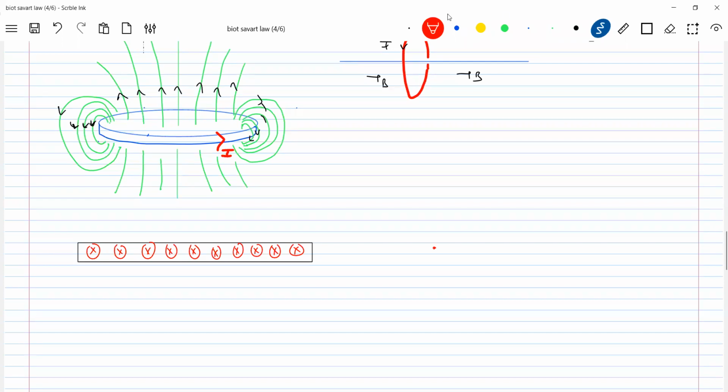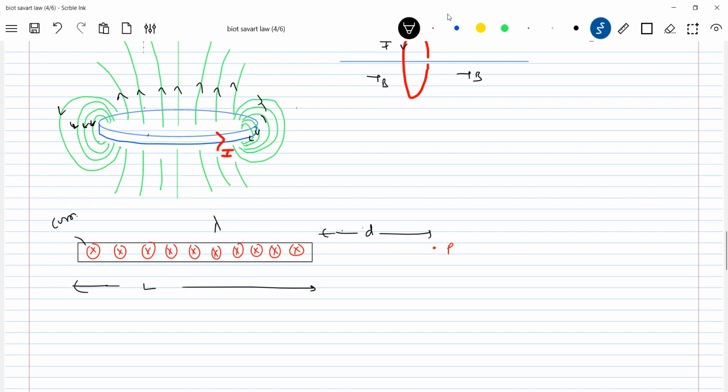Now at point P, I want the magnetic field, which will be at a distance of D, and let the current per unit width be lambda and the width of the sheet let it be L.